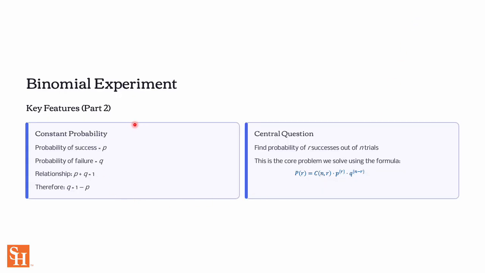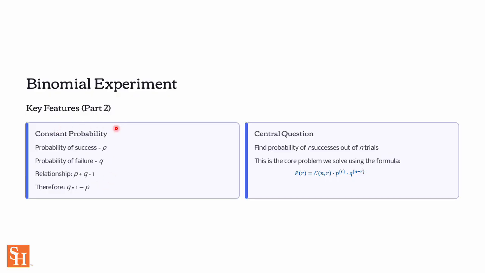We have talked about the key features of the binomial probability distribution. Now let's talk about some of the notation and concepts that we usually use for it.